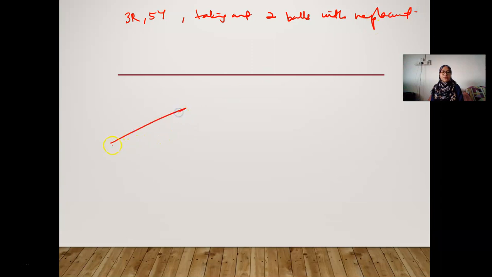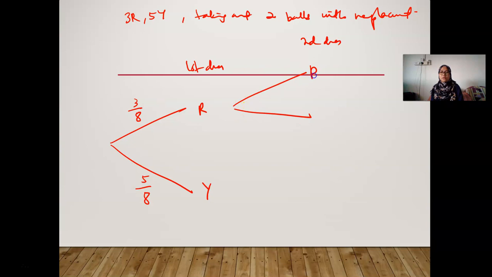So what happened to your tree diagram? First row, red or yellow. So this one will be 3/8, 5/8. Second row, still the outcome is red or yellow. This one also red or yellow.